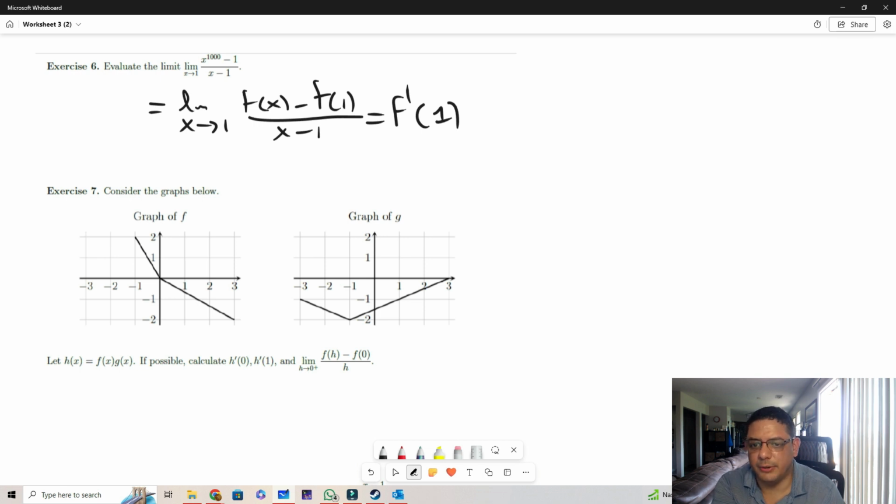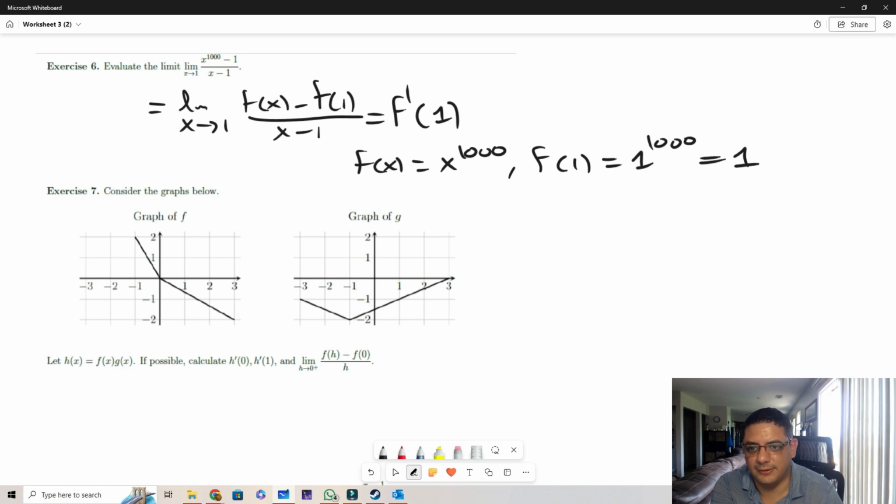What is the function? Well, the function is f of x equals x to the 1000. And so that also means that f of 1 is just going to be 1 to the 1000, which is 1. So that means this is correct. This is like f of x minus f of 1 over x minus 1. So if this limit is equal to f prime of 1, I just need to find out what f prime is first.